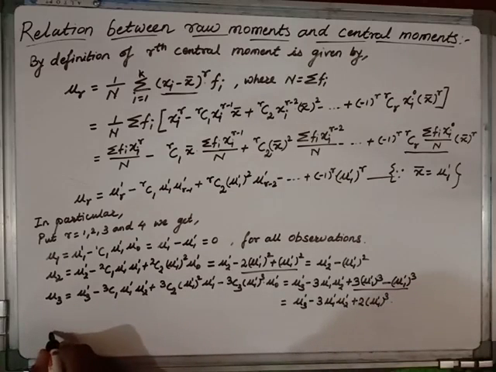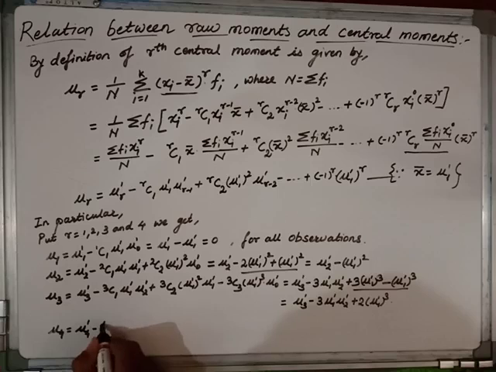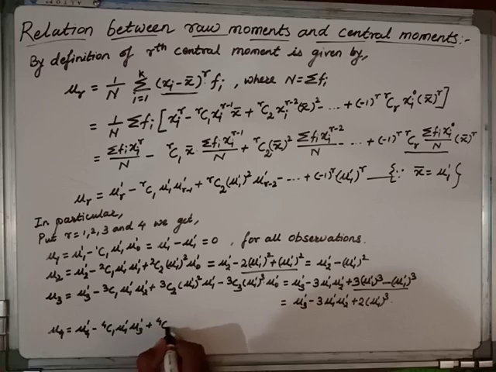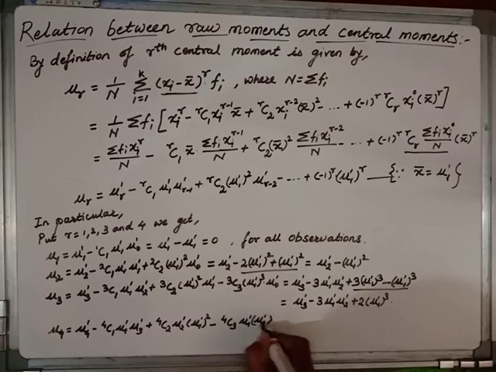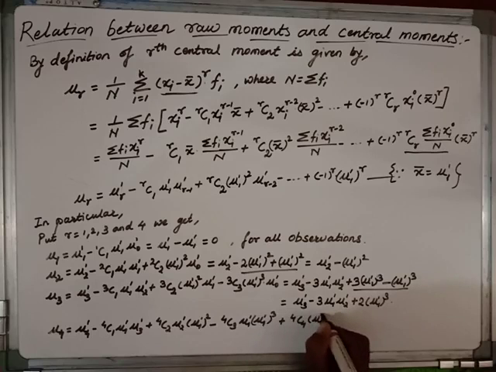Okay. Next, mu4. What is mu4? Mu4 is mu4 dash minus 4c1 mu1 dash into mu3 dash plus 4c2 mu2 dash into mu1 dash square minus 4c3 into mu1 dash into mu1 dash cube plus 4c4 mu1 dash raised to 4 into mu0 dash.